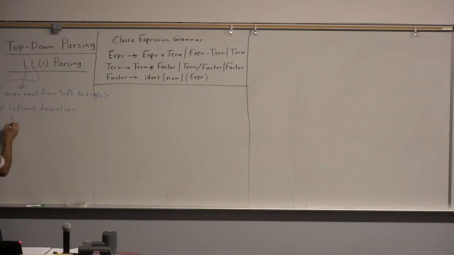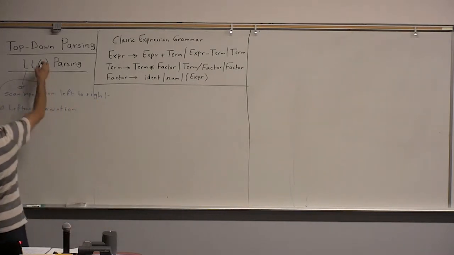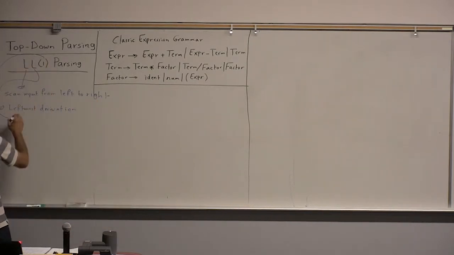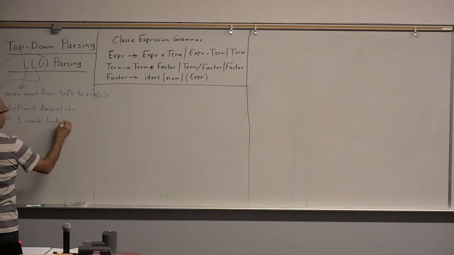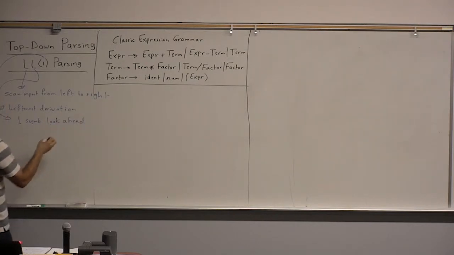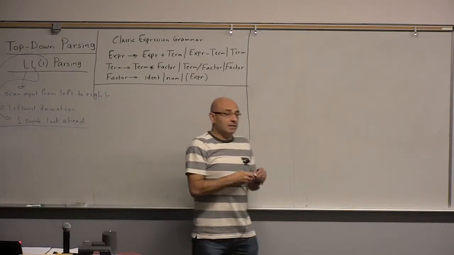And what do you think the one is? One character look ahead? Yeah, exactly. So it's one character or one symbol look ahead. So this is the parsing technique that we will be studying today.